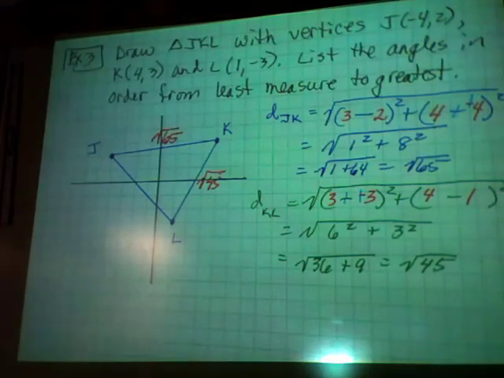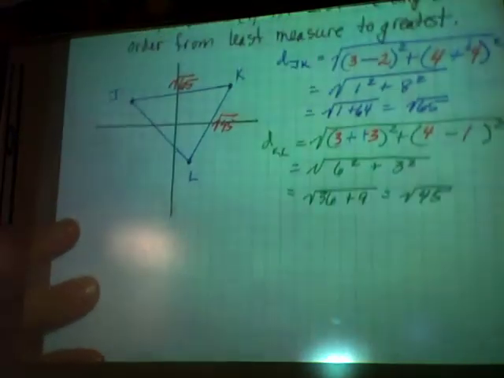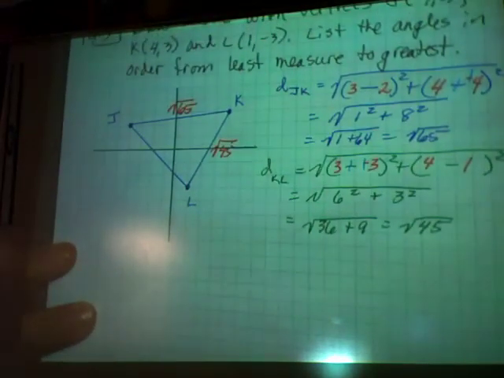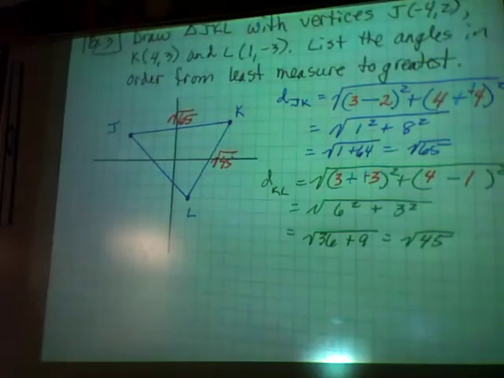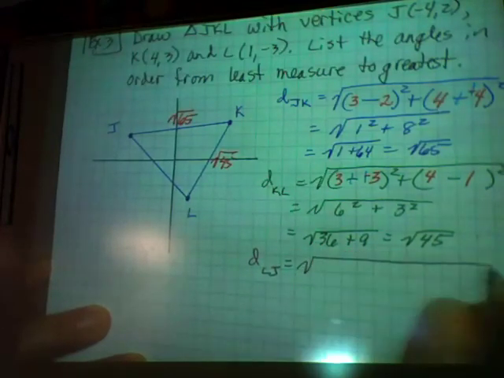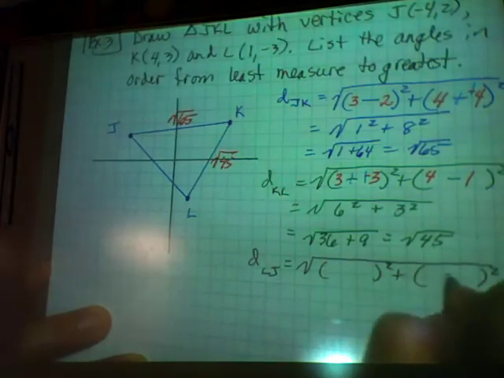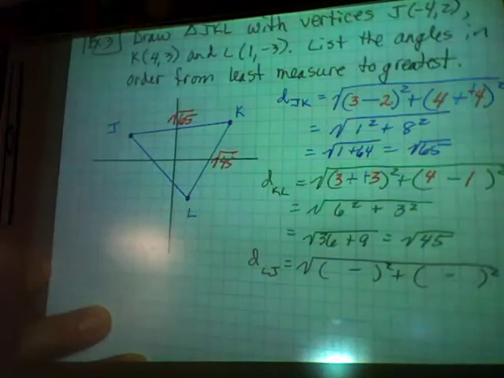All right, last one for the sides. I'm going to do L to J. Let's pick the distance from L to J. And do make sure that you are choosing a different length each time, that you don't do the same length twice.